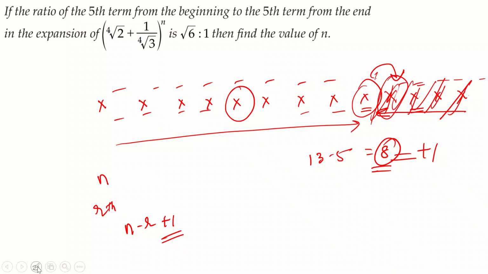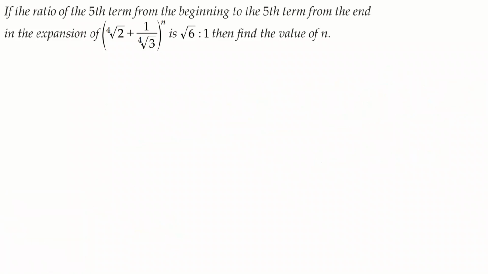In a similar way, we are given the fifth term from the beginning and the fifth term from the end. So the fifth term from the beginning is definitely T5, and for the fifth term from the end, n plus 1 is the total number of terms in the expansion.